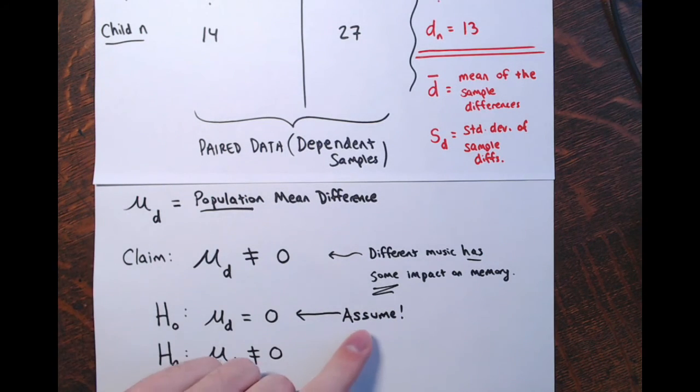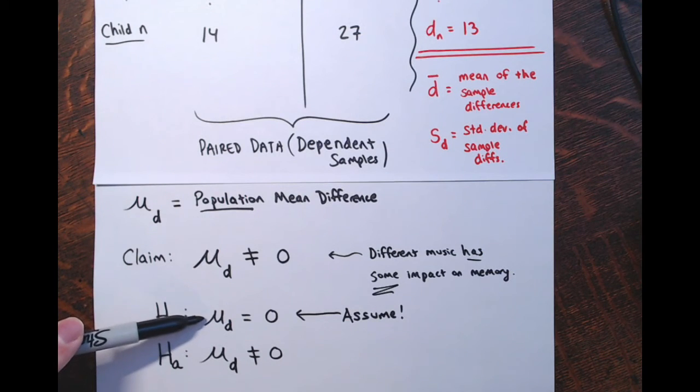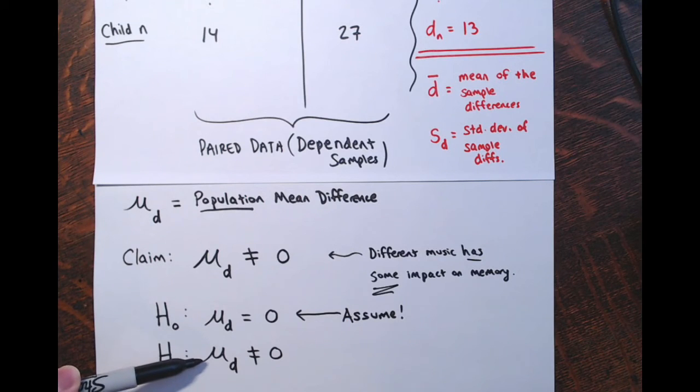We're going to assume that the average difference is 0, meaning there is no difference between musics, no change, no impact. The alternative hypothesis is that there is an impact somehow, whether greater or less than. This would be a two-tailed test, remember, not equal. And we'll get to all that later as well.